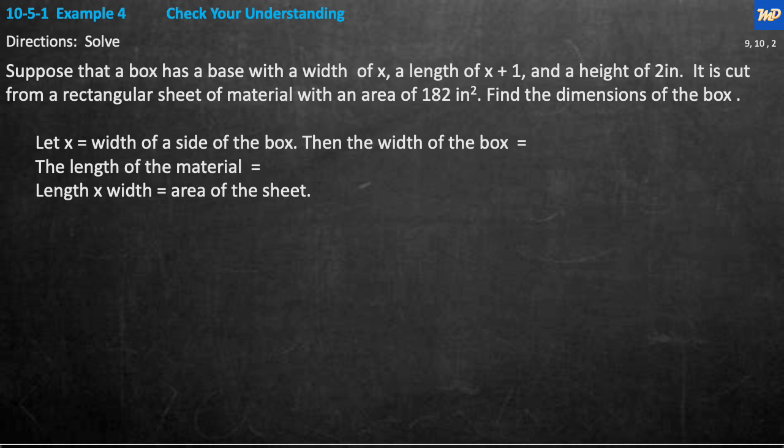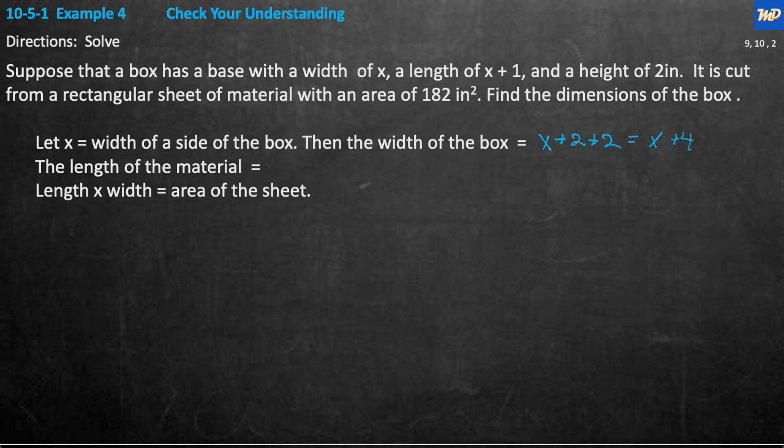So the questions from the last slide, I left them here. Let x equal the width of the side of the box, and that means the width of the box is what? Looking at our numbers here, the width is x, and we know the height of the box is 2, so it's plus 2 plus 2. That equals x plus 4.